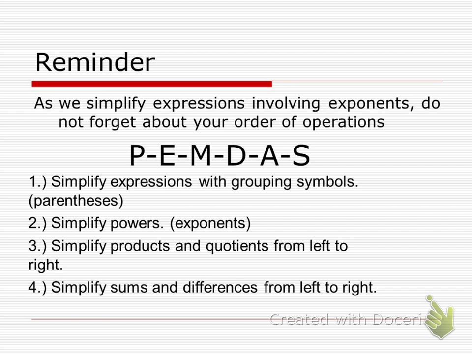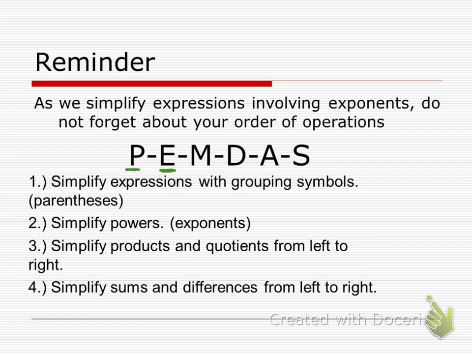First step, simplify expressions with grouping symbols. Usually we refer to those as parentheses. That's where the P comes from. Second, simplify powers or exponents. That's where that E comes from. Next, we simplify products and quotients from left to right.